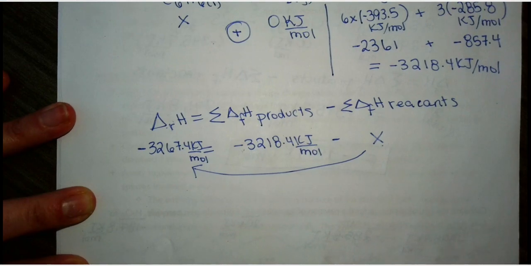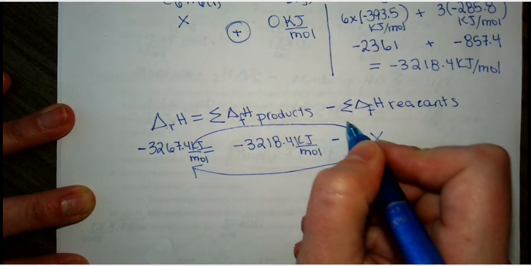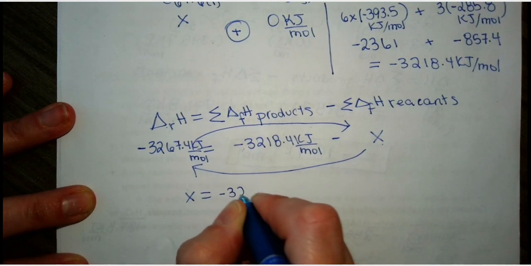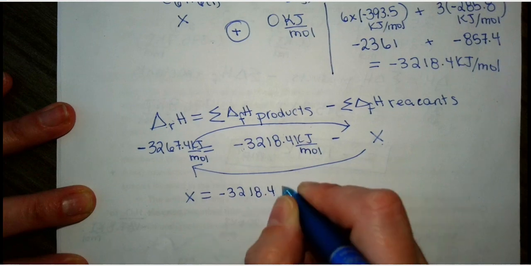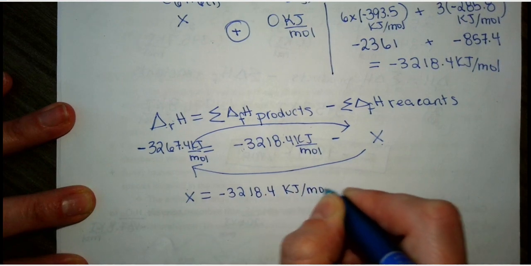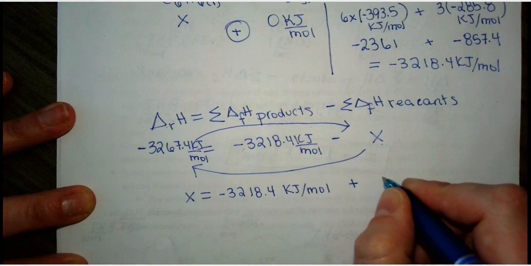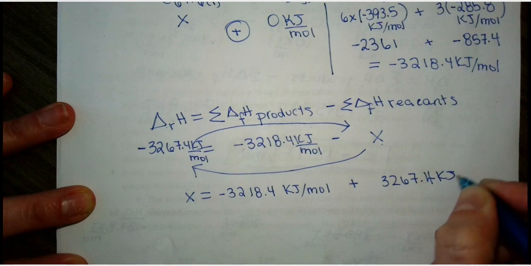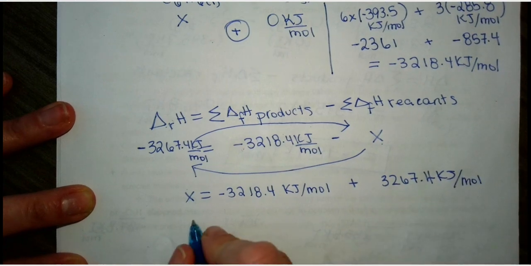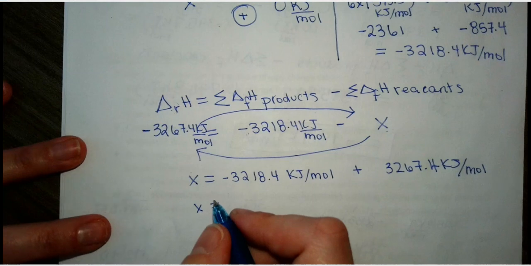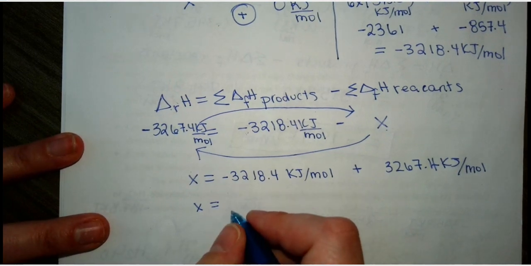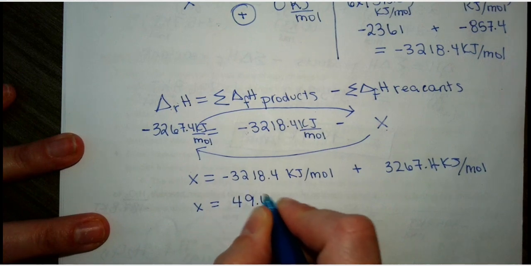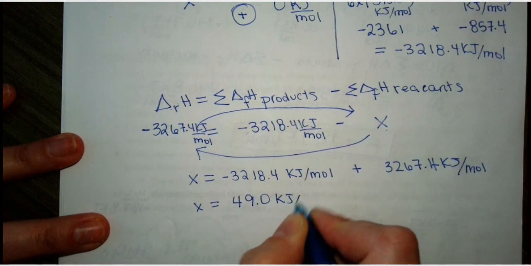I'm going to do some algebra. My X is negative. I'm going to bring it to the right. This guy is negative. I'm going to bring it to the left. So I have X equal to a negative 3218.4 kilojoules per mole plus 3267.4 kilojoules per mole. X here is going to be a positive 49.0 kilojoules per mole.